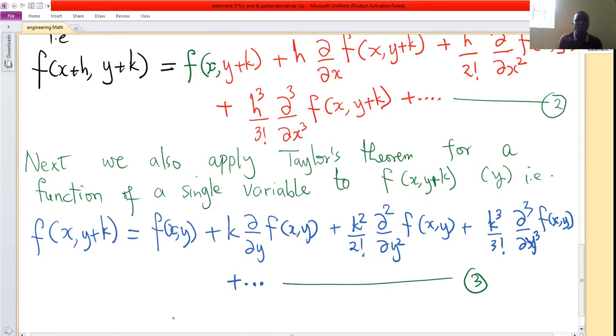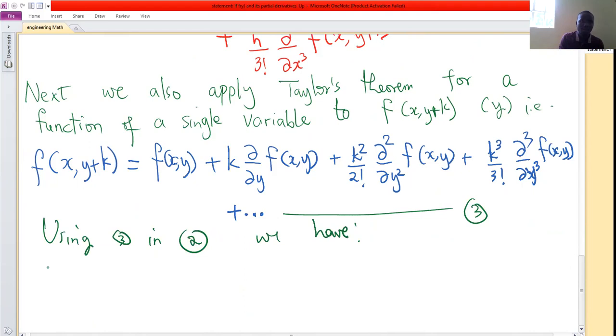What we do now is replace 3 in 2, so that the place of f of x comma y plus k is taken by this series. Using 3 in 2, or simply replacing the expression for f of x comma y plus k in 2, we write the same thing, but where there's this function, we replace it by this series.